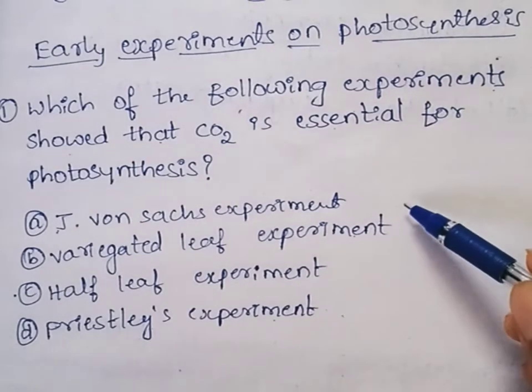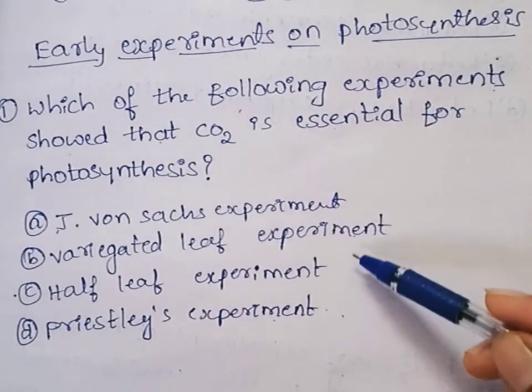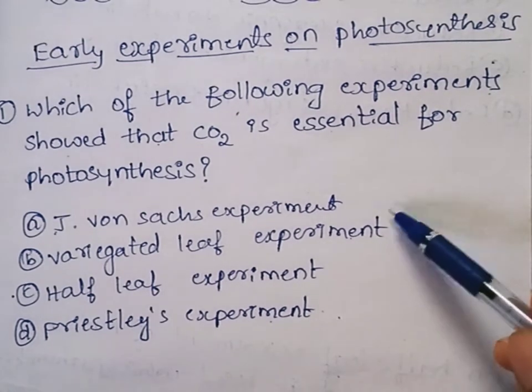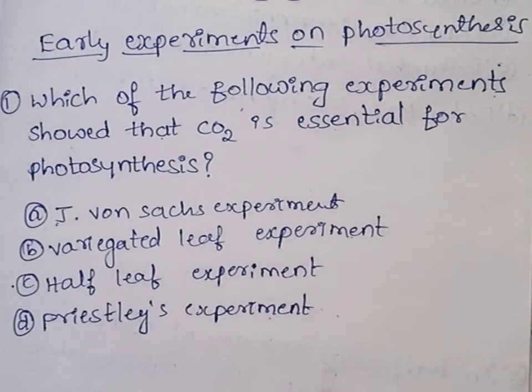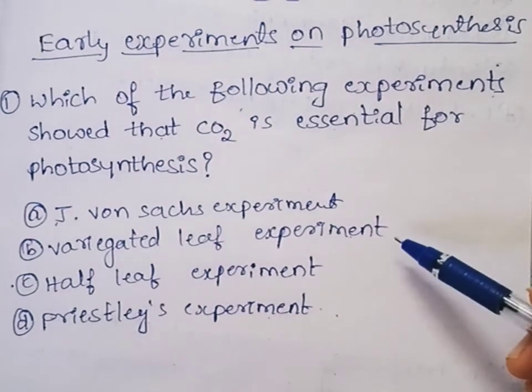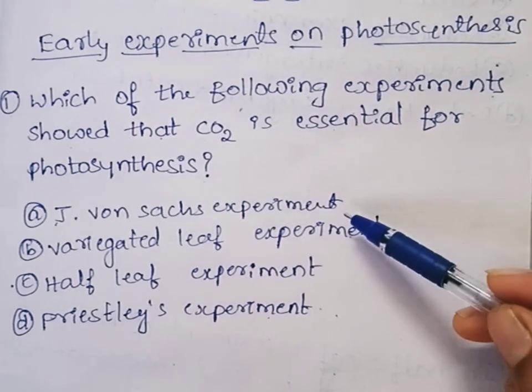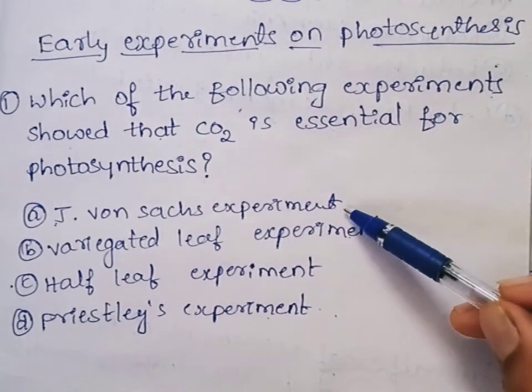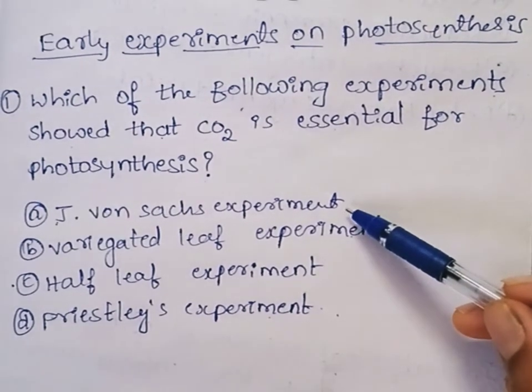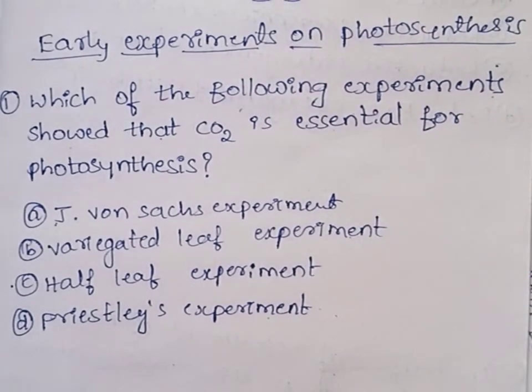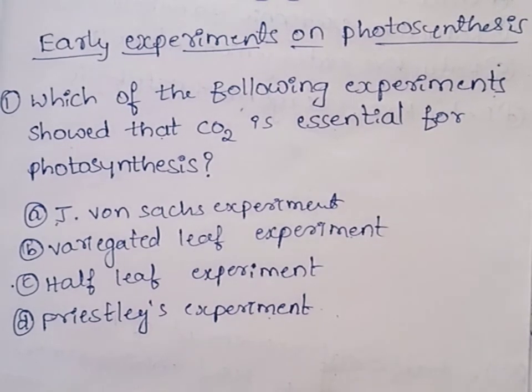So here they have given four types of experiments. Before selecting the right answer, we should know the summary of all those experiments. The first option is J. Van Sachs experiment. According to this experiment, glucose is an end product of photosynthesis and plants store the glucose, or the energy, in the form of starch.